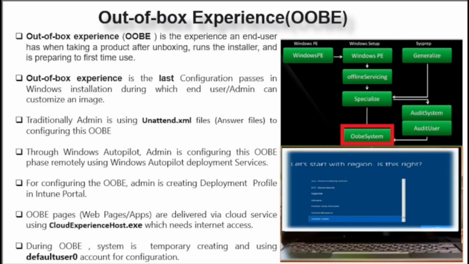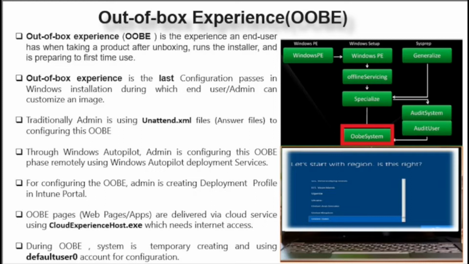Now let's first discuss and understand what is out-of-box experience. So out-of-box experience is the experience that an end user has when taking a product after unboxing, runs the installer and it's preparing for first time use. So when we are installing the operating system on a bare metal, then there are many phases also known as configuration passes.